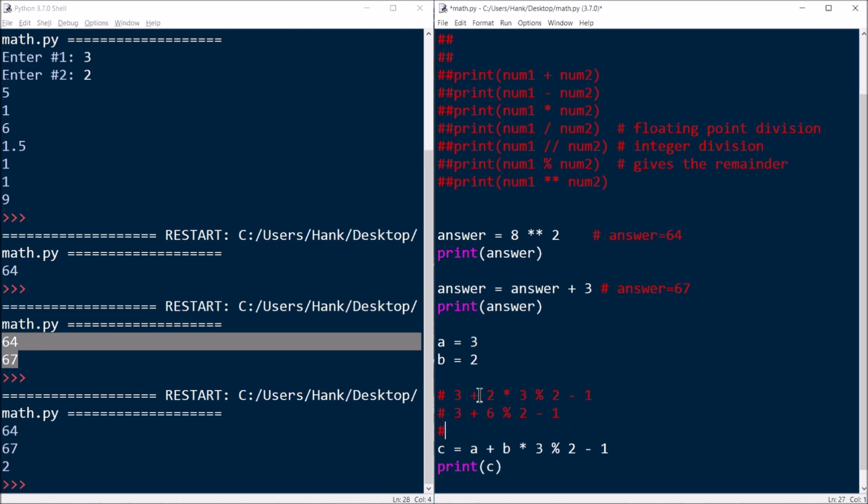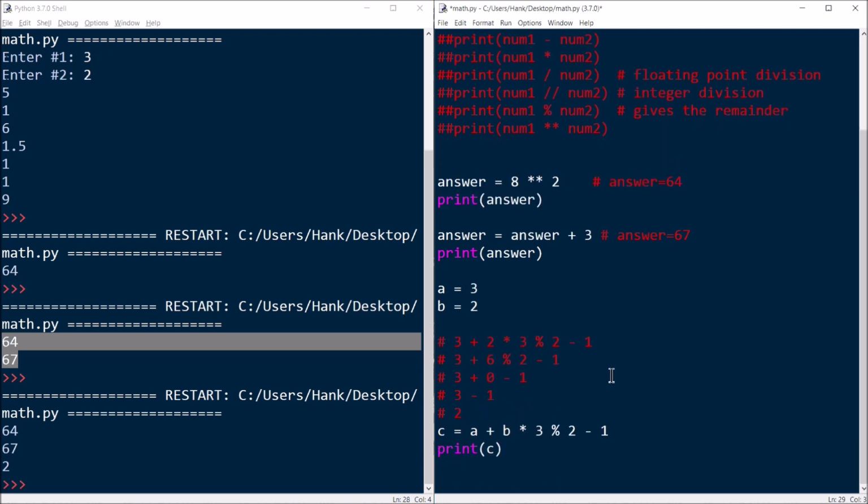So then what resolves next? Well, 6 modulus 2. If you divide 6 by 2, 2 divides 6 3 times with nothing left over, so 6 modulus 2 is 0. So then we add 3 plus 0, which is 3, right? And then finally the minus 1 happens, and so that leaves us with 2, okay?